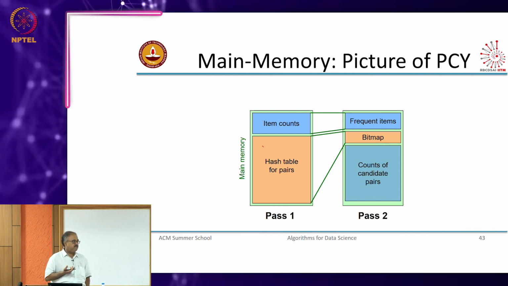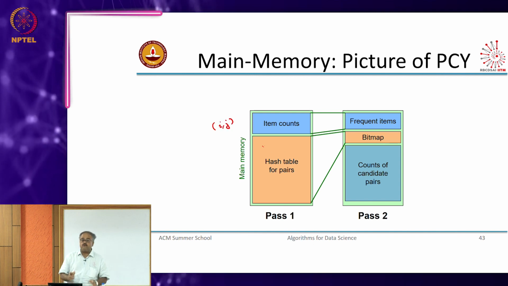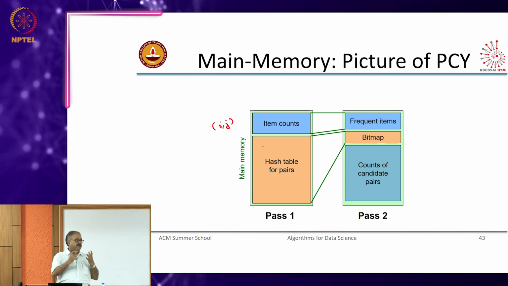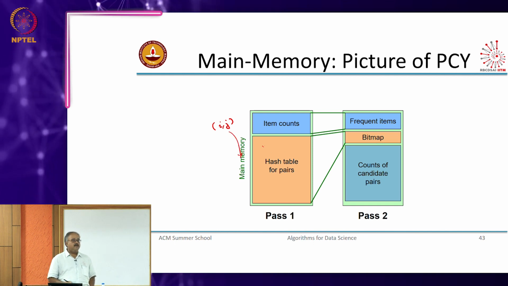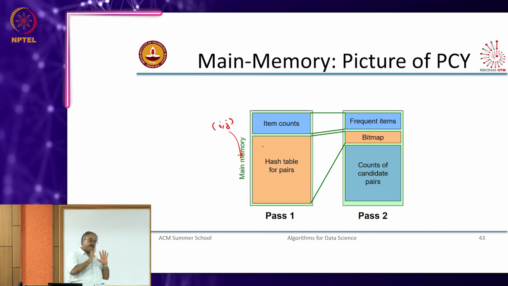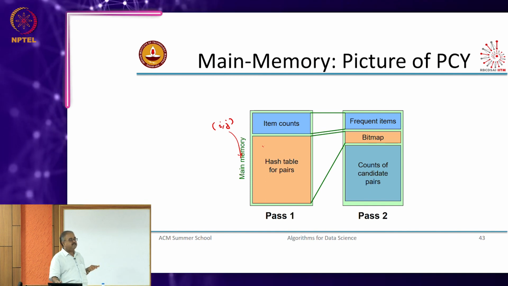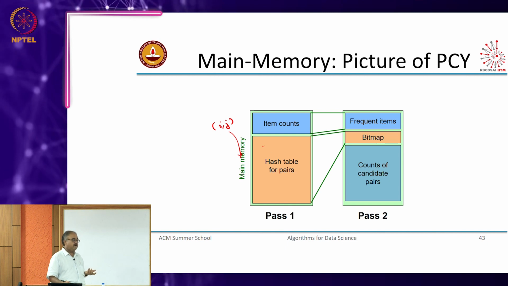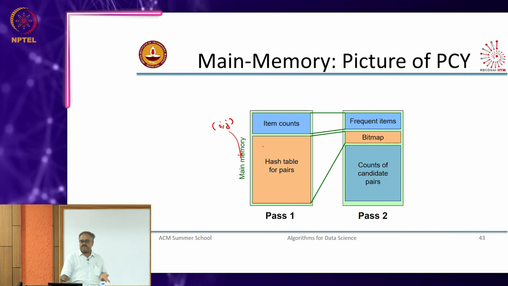So if I generate a pair i, j here, I do not know whether i and j are both individually frequent, but I will still generate that pair and hash it into a bucket, so it will contribute to the count in the bucket. If i and j are not both frequent, they would never have come into my second stage processing, but they will artificially inflate the count of a bucket, and I had no way of filtering it in pass 1.